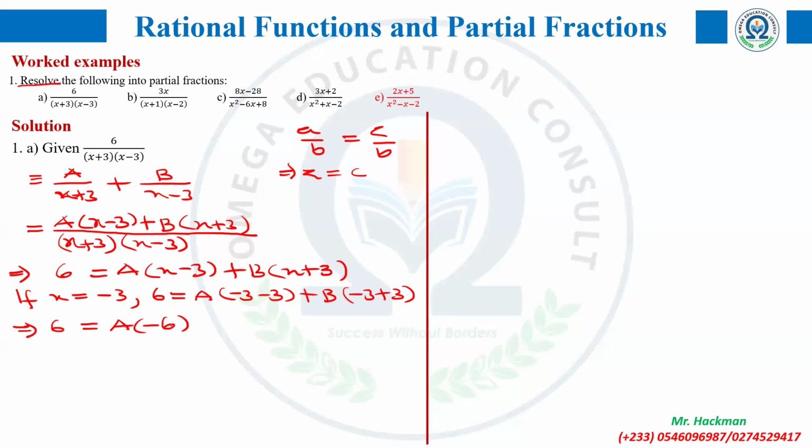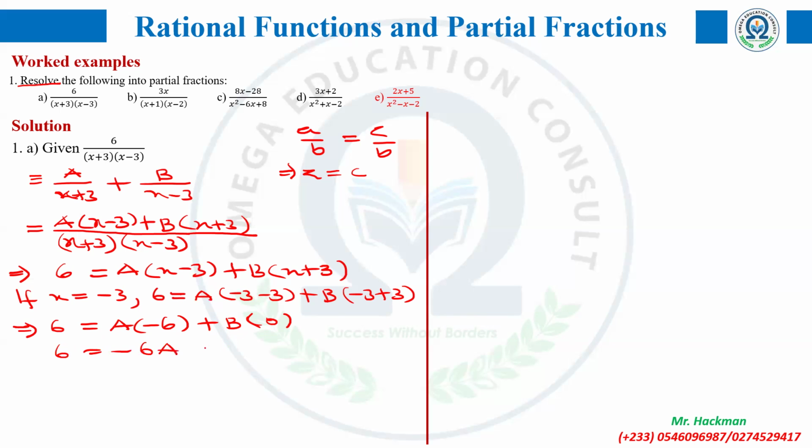Because this is the first example, I try to break it down for you to appreciate the concept. And as you mature, I will take out the ones that you can take out. Then plus, this will give you b into -3 plus 3, which is 0. So in effect, we are going to get 6 is equal to -6a.